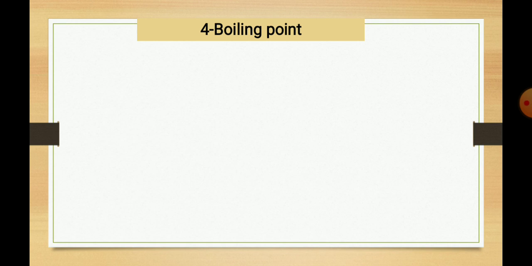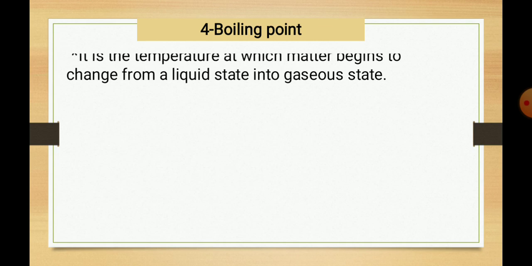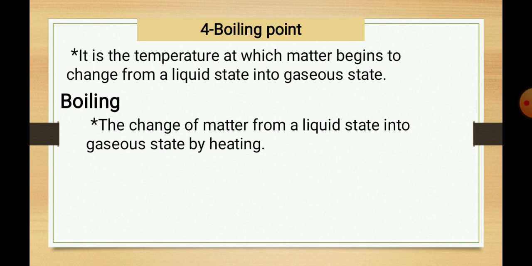So we will start with the definition of boiling point: it is the temperature at which matter begins to change from a liquid state to a gaseous state. And what about boiling? Boiling means the change of matter from a liquid state into a gaseous state by heating. So don't forget that there is a difference between the definitions of boiling point and boiling.